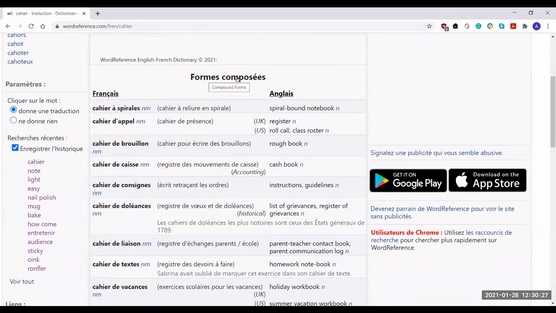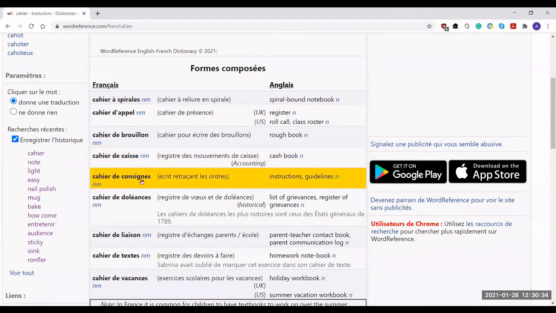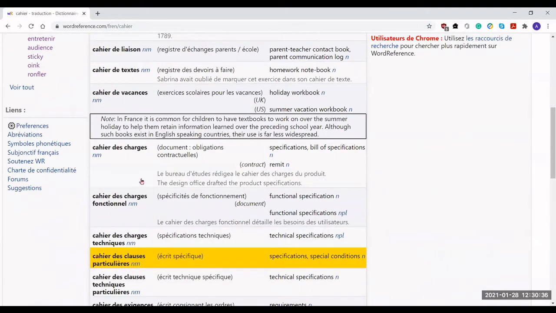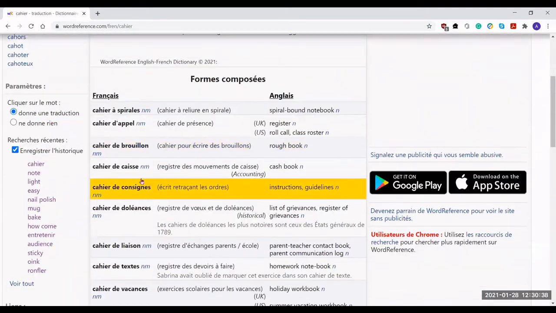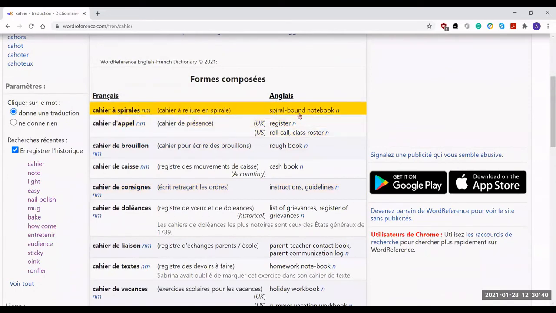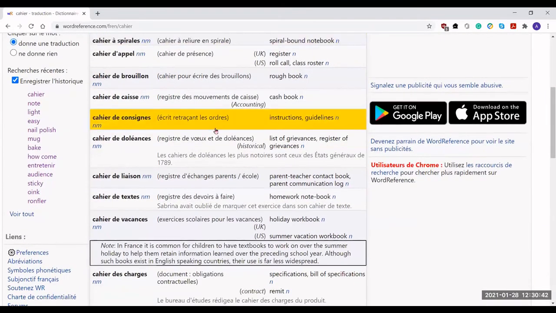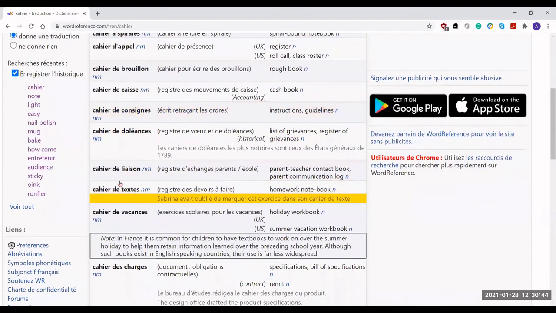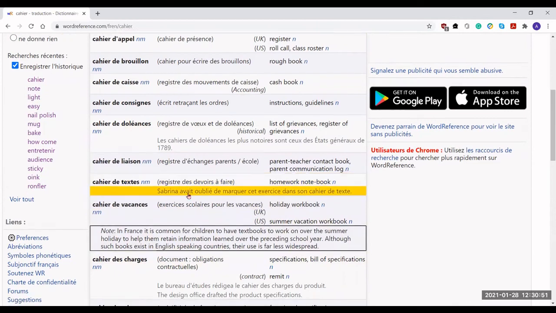And so just like before, we're given the compound words that have cahier in them and how we would use them. So we have un cahier à spirale, a spiral-bound notebook. Un cahier de liaison, a parent-teacher contact book. A homework notebook, cahier de texte.